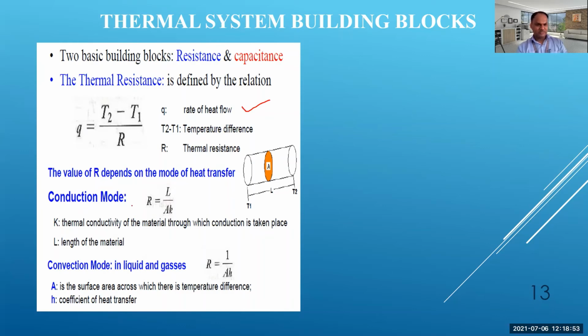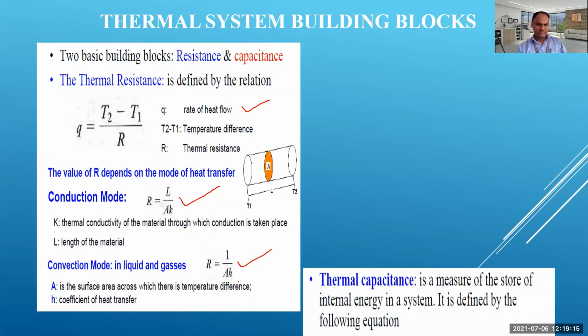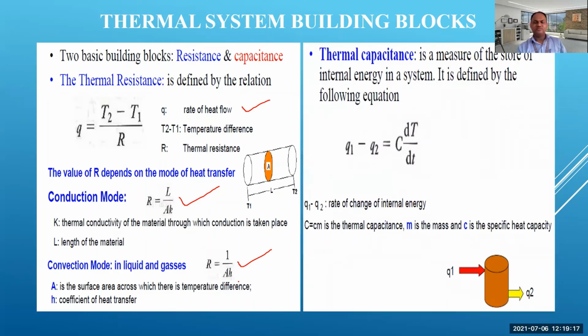In case of conduction mode, R will be equal to length divided by area into thermal conductivity, L upon A K. In case of convective mode, R will be equal to 1 upon A into heat transfer coefficient. These two are for conduction and convection; radiation we are not going to consider here.